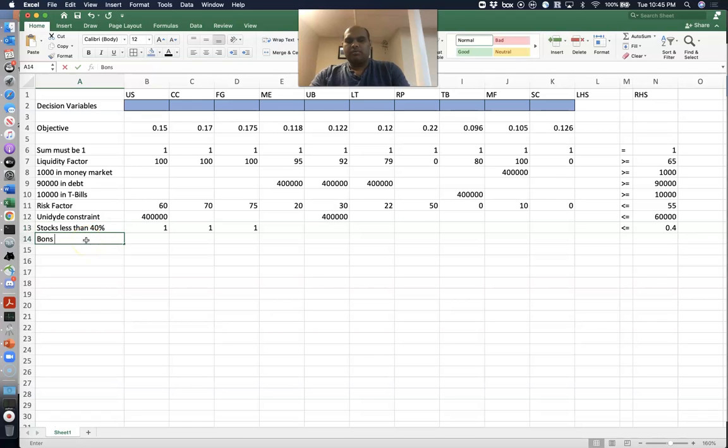And bonds less than 40%. And real estate is less than 40%. Okay.